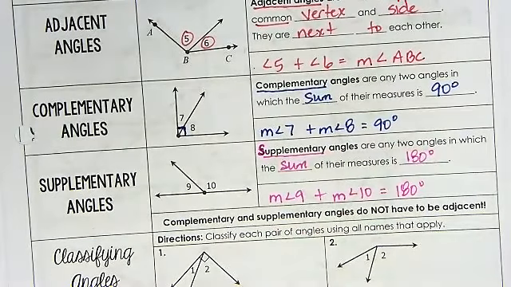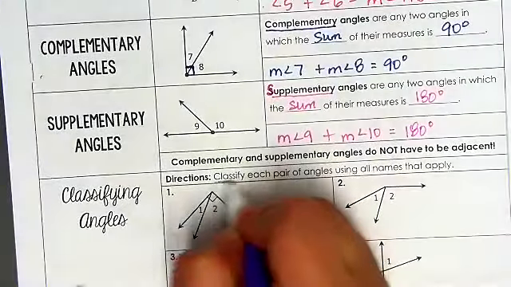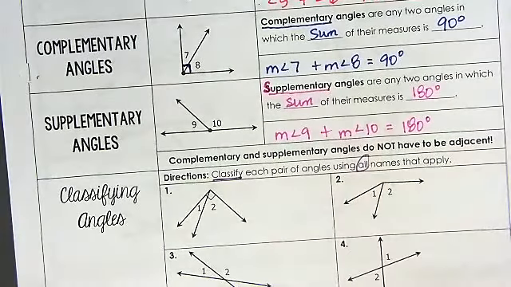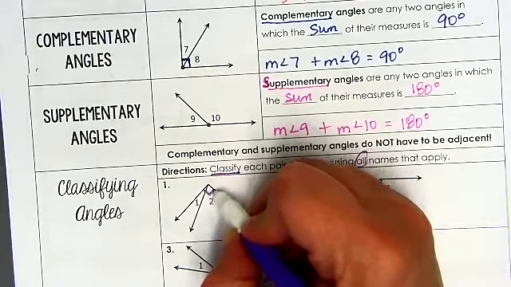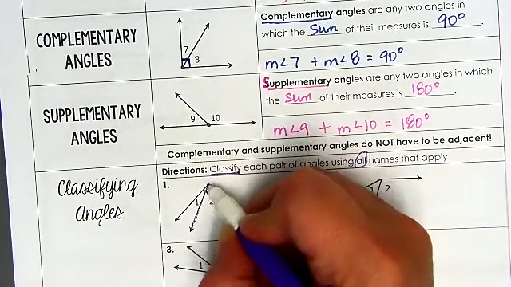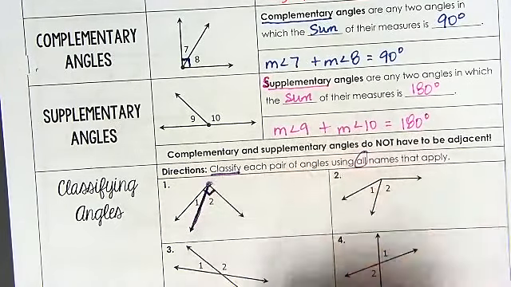So now let's put this information to work. So it says to classify each pair of angles using all the names that apply. Okay, so when I'm looking at this one, I can see, oh, it's got the right angle symbol and it shares the same side and vertex.